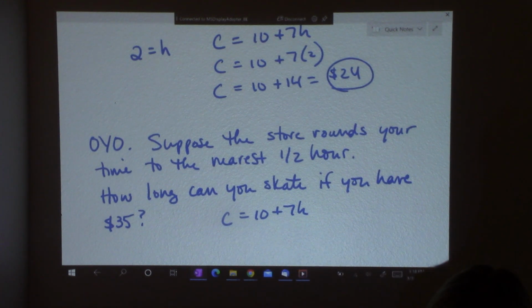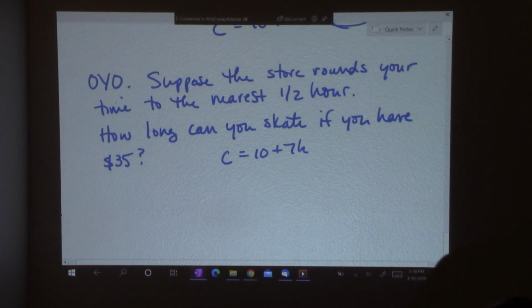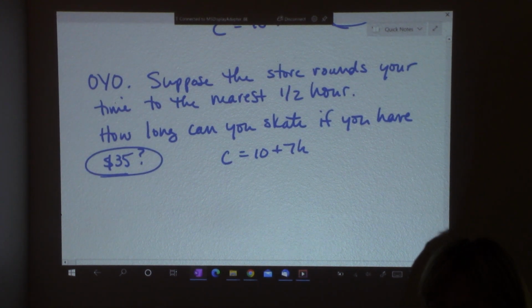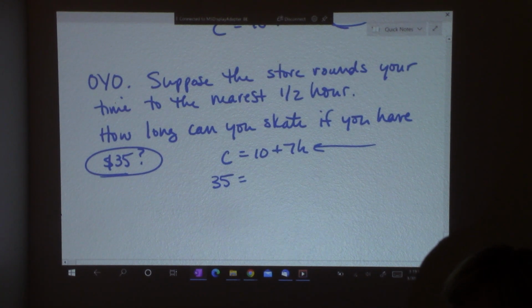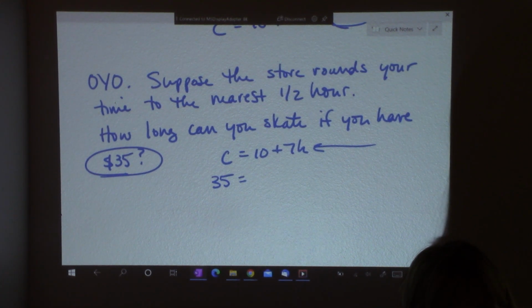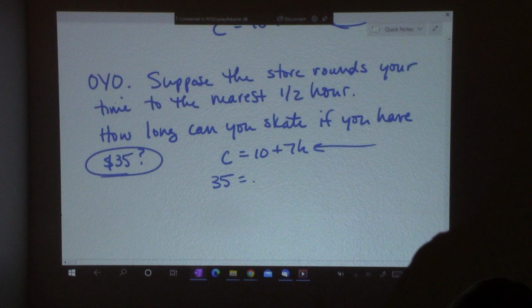All right, so let's go over this. Now, the cost is $35, and the question is how long? Well, what variable represents time? That's hours. So my cost is $35. And this would be what you would probably do. You would walk in and go, okay, well, I have this amount of money. How long can I skate for? So I'm going to put 10 plus 7H.